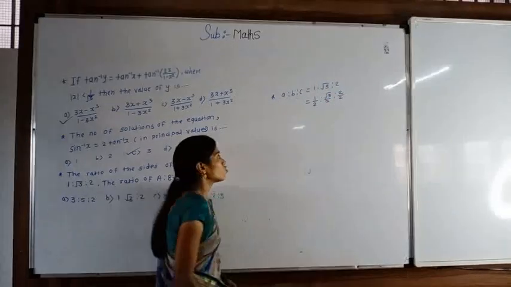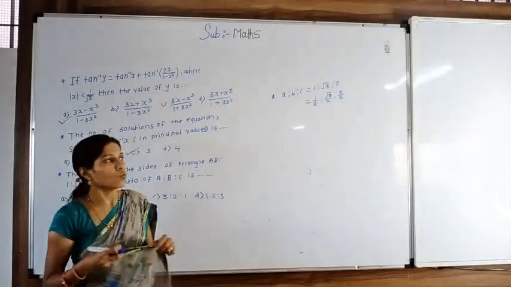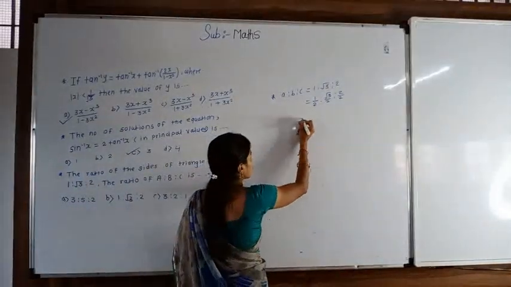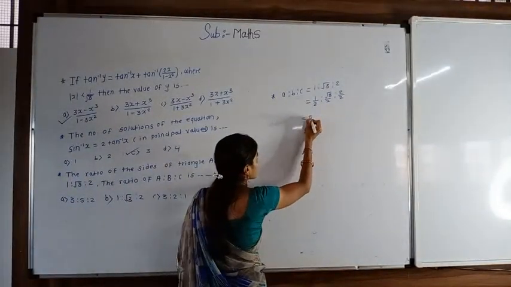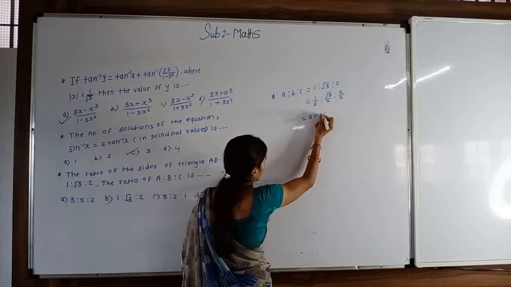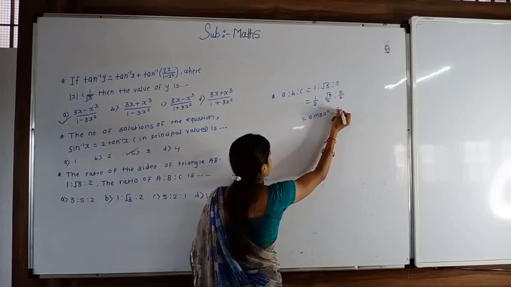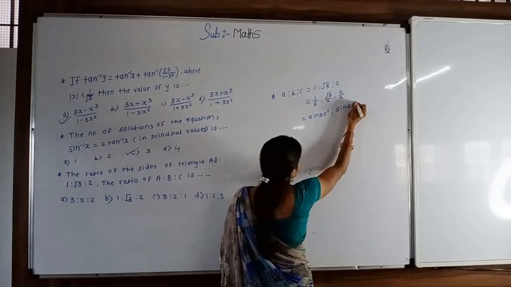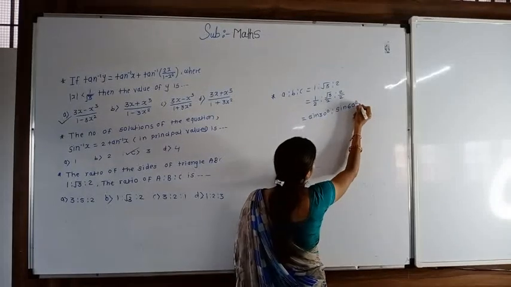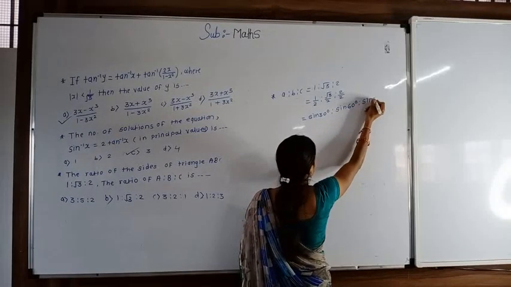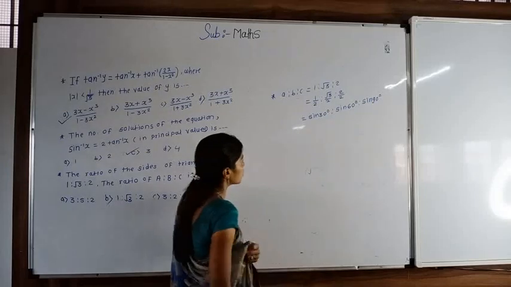That is 1. So first of all those values we can write in terms of sine. So see here, we know that sin 30 is half, sin 60 is root 3 by 2 and sin 90 is 1. Okay.